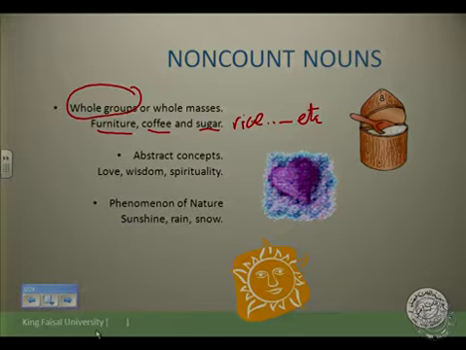All of these are considered non-count nouns. Love, wisdom, spirituality. We have phenomena of nature: sunshine, rain, snow, weather. In general, all of these are considered non-count nouns.